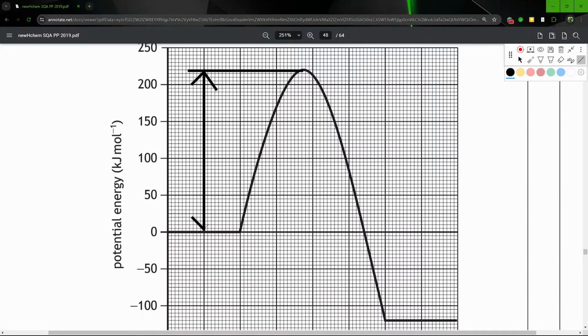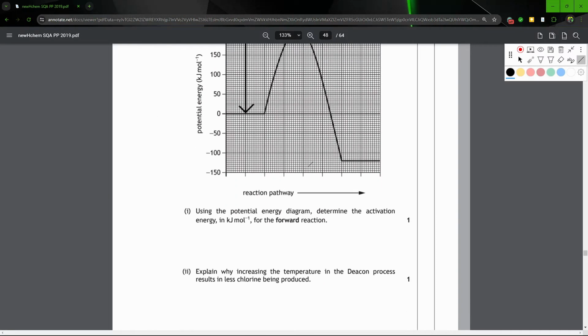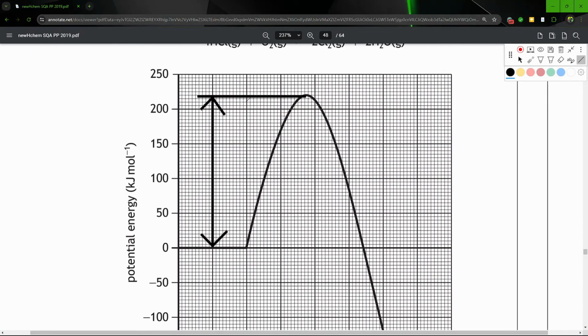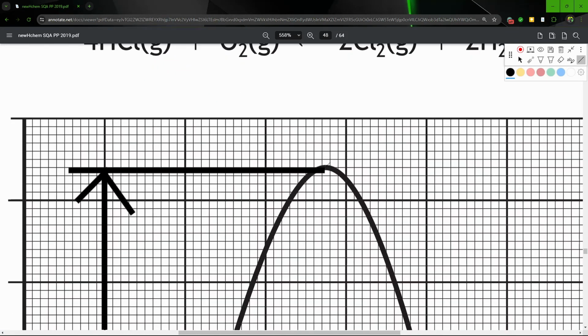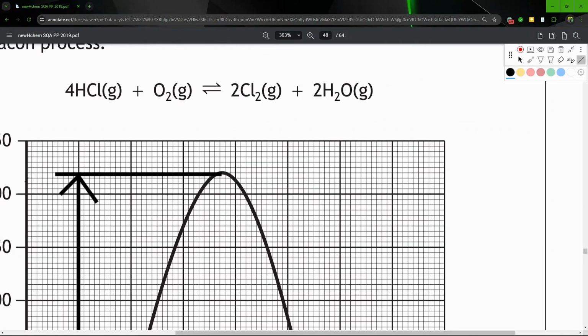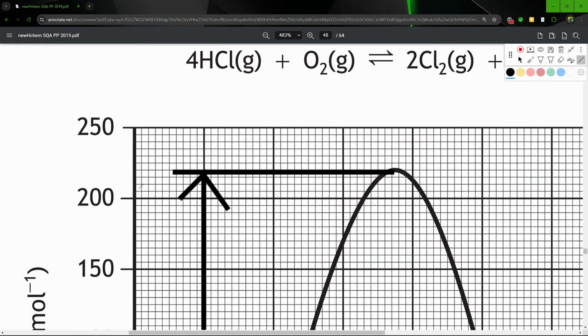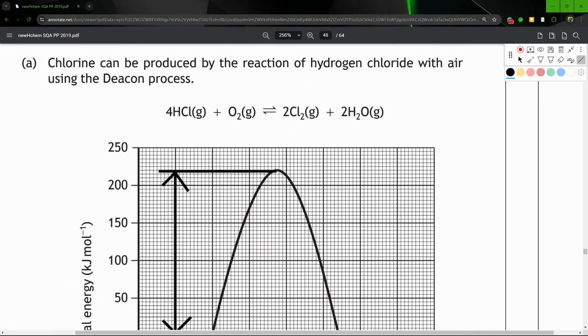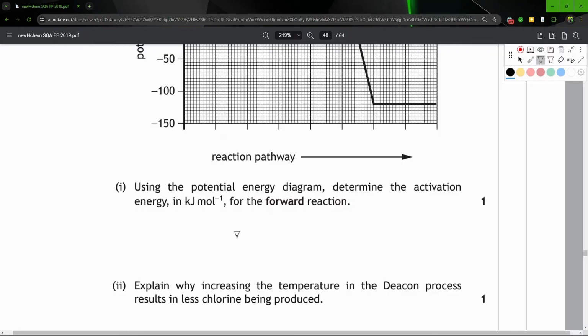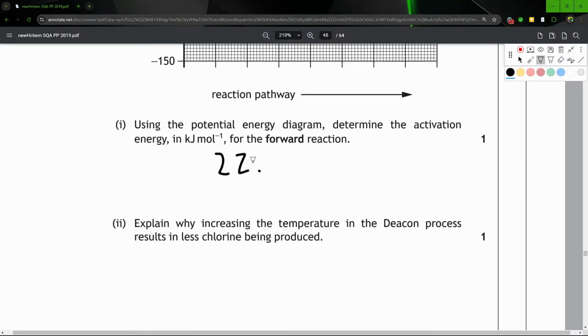So now we just need to figure that out, and they start at 0, so we can just go across this line. So it'd be roughly 1, 2, 3, 4, 5, 6. 220. No, that seems about right. 220, and remember we've got to use these units.